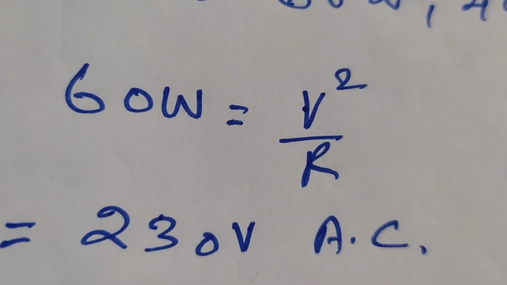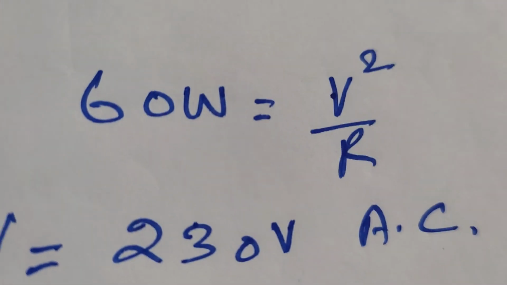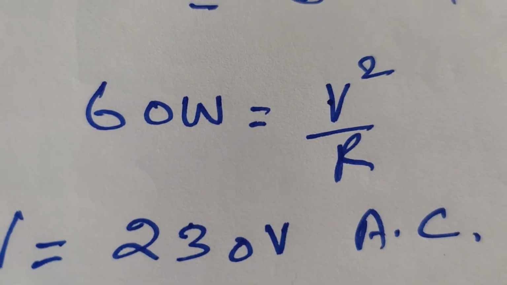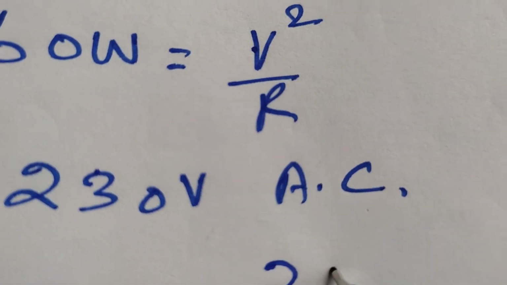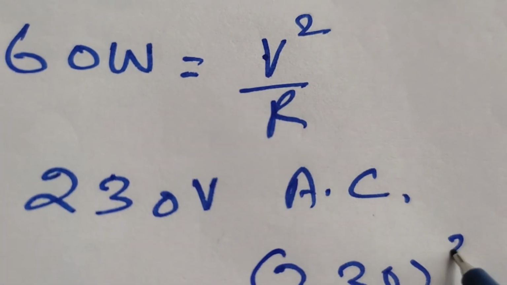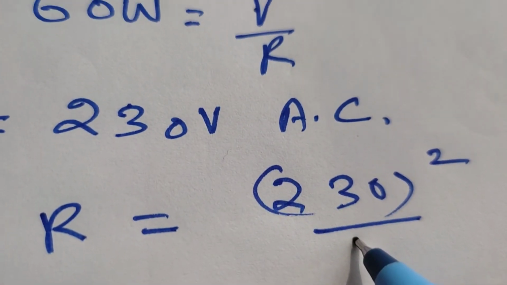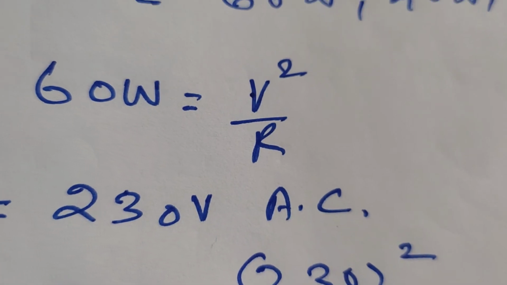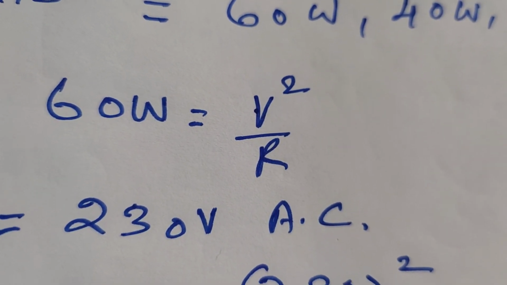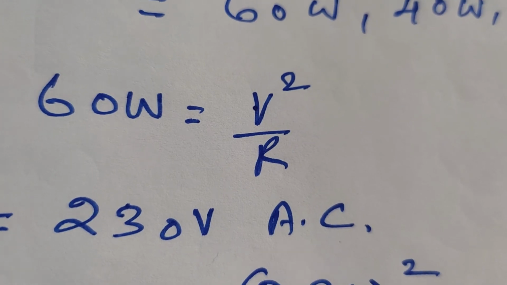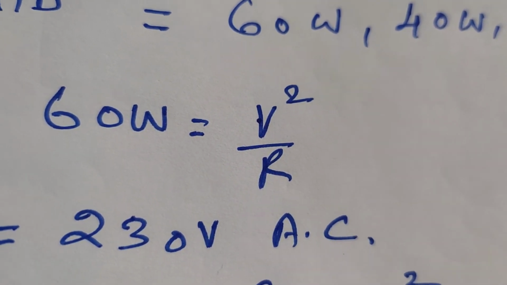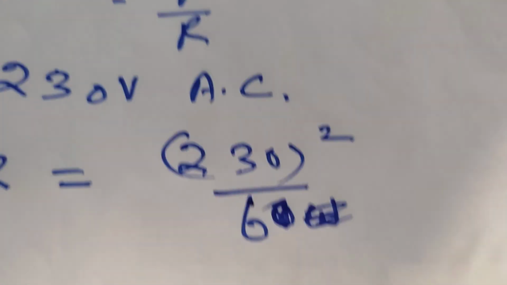In that case, you can find the resistance of the bulb. Resistance is equal to 230 squared by 60.